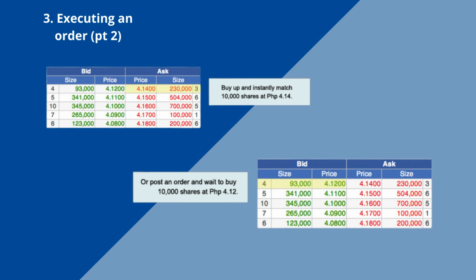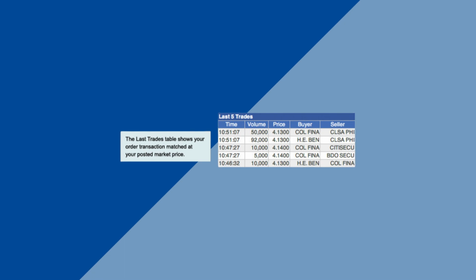Or you could simply post that order and wait for the price to go down. When the price goes down to 4.12, since you've already posted your order, it will eventually execute and you'll receive your shares.